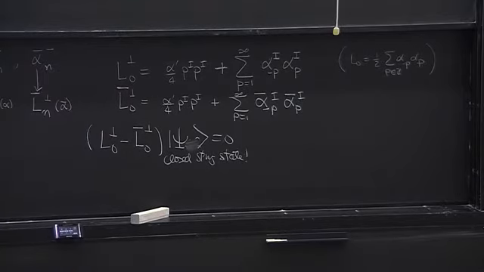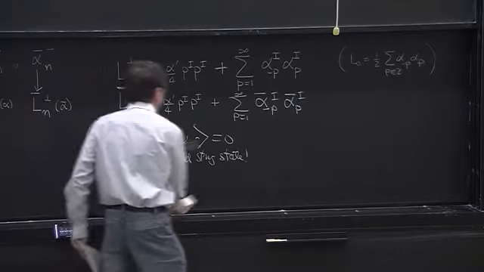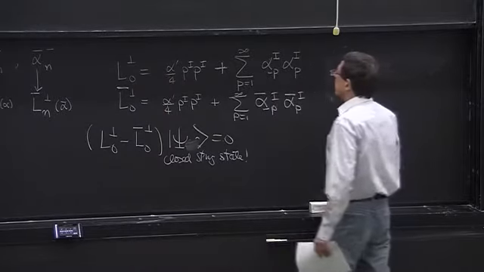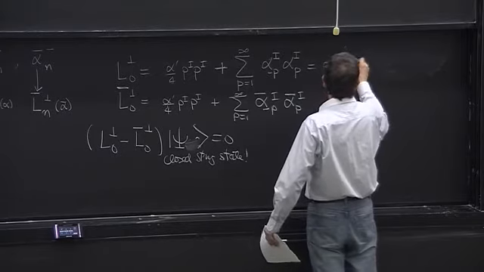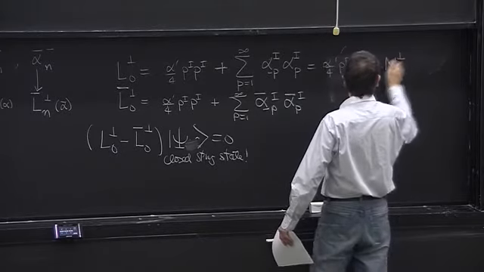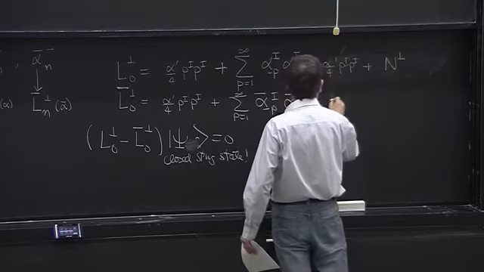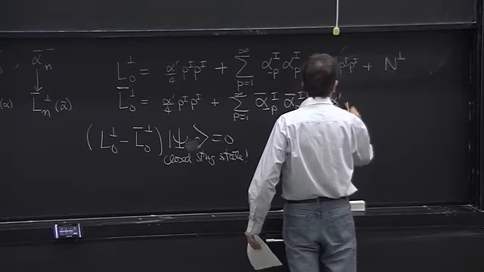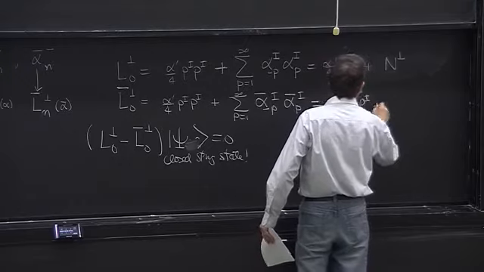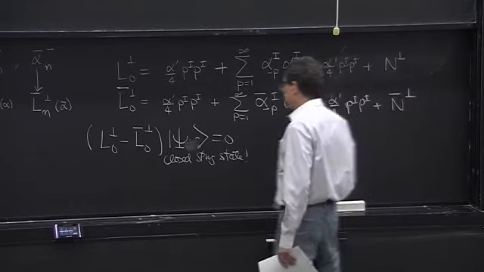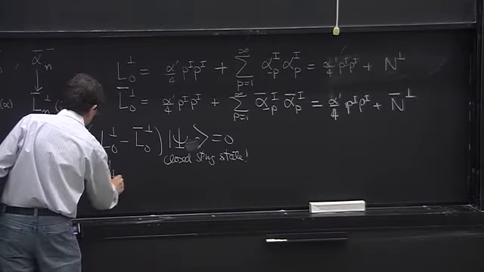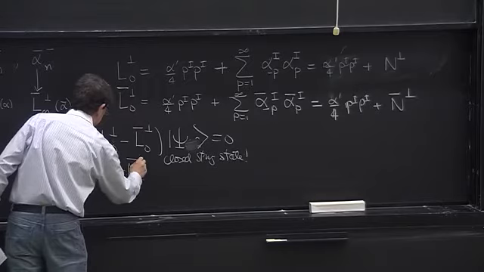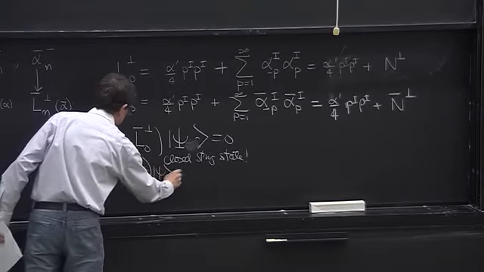L0 here, written this way, is equal to alpha prime over 4 p squared plus the number operator N perp, and the same for the barred one, alpha prime over 4 p squared plus the barred number operator. So this thing is equivalent to saying that N perp minus N perp bar also kills the states.